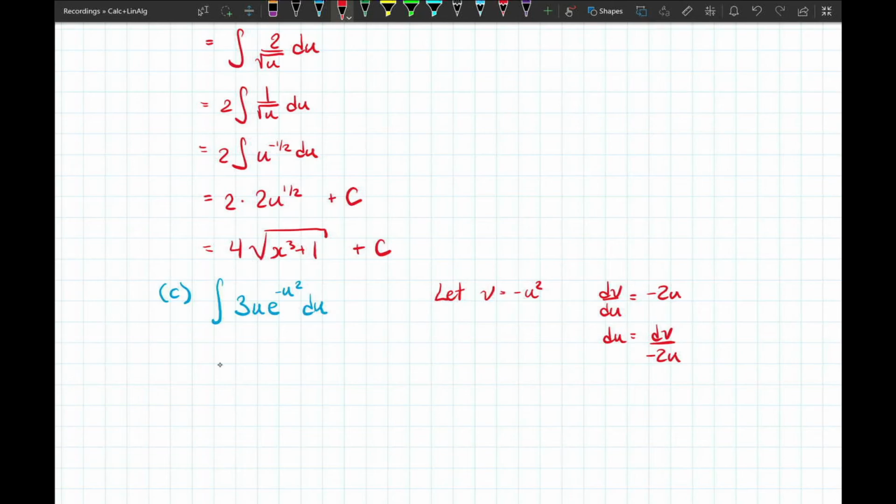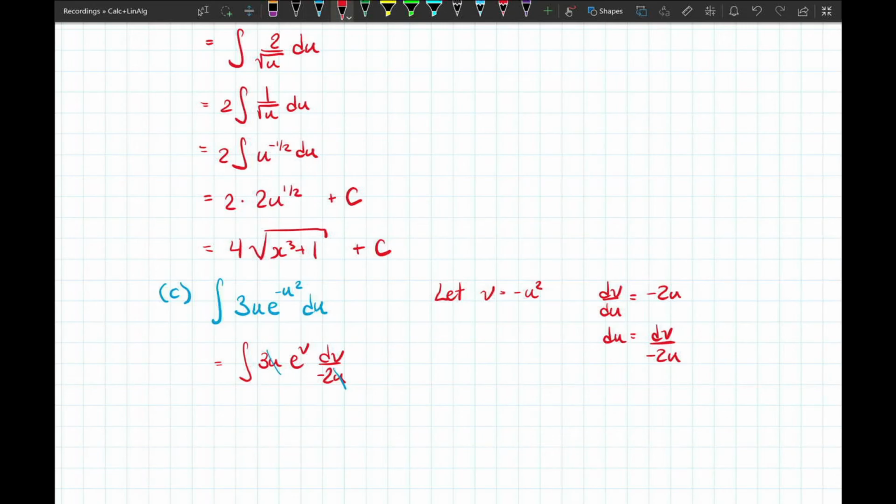So making those substitutions now, we'll have the integral of 3u. That's not good, okay? We want our new integral to be a function of v, but don't worry. We have e to the v, and du is going to be replaced with dv by negative 2u. And the u's here should cancel out nicely, leaving us with a function of v.